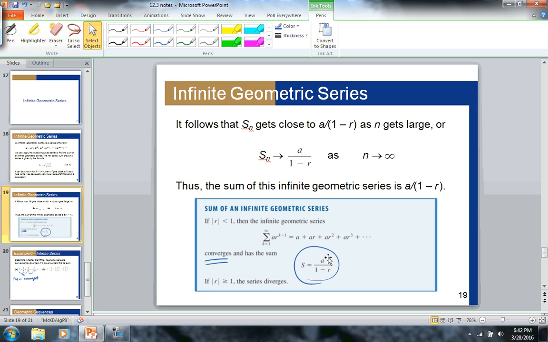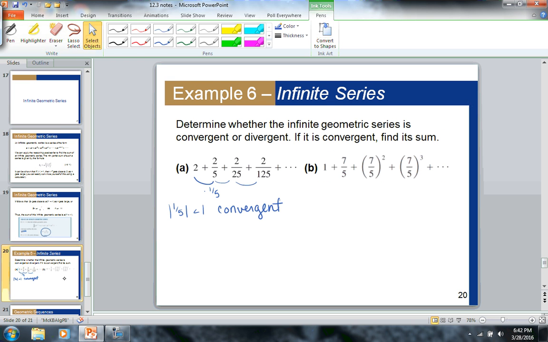Remember, this a is a sub 1. To find my sum, my first term is 2, over 1 minus my ratio, which is 1/5. So that's really 2 over 4/5.